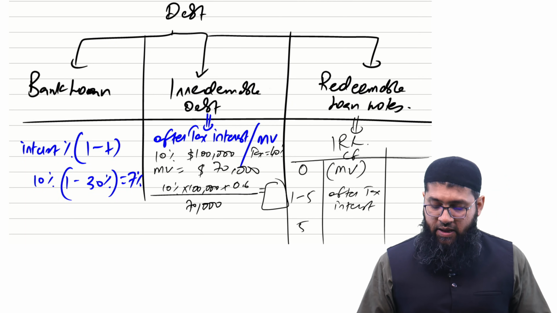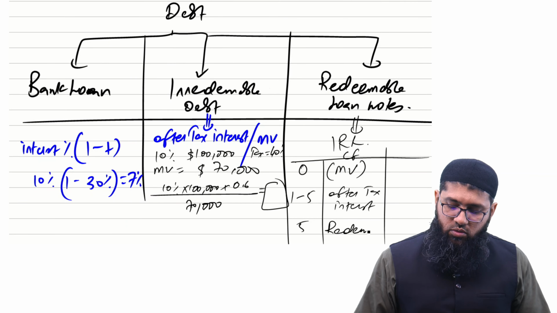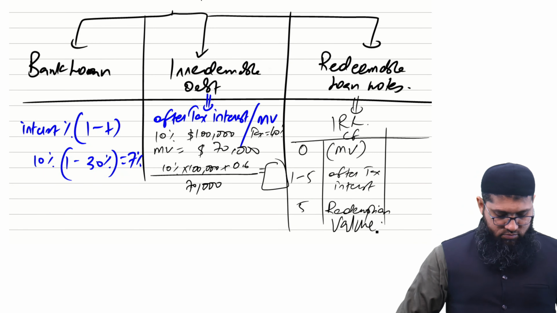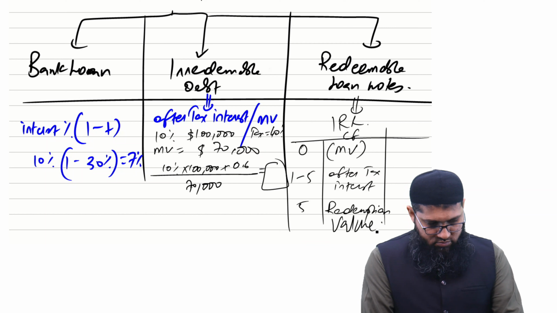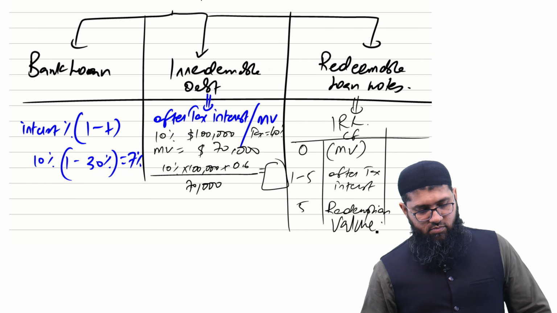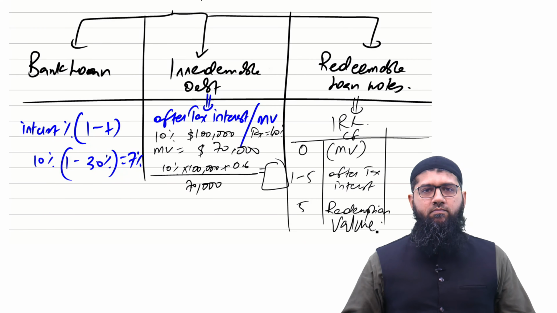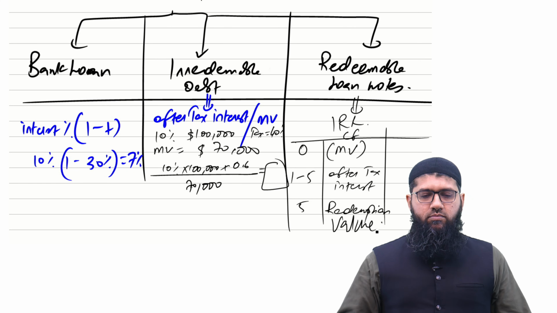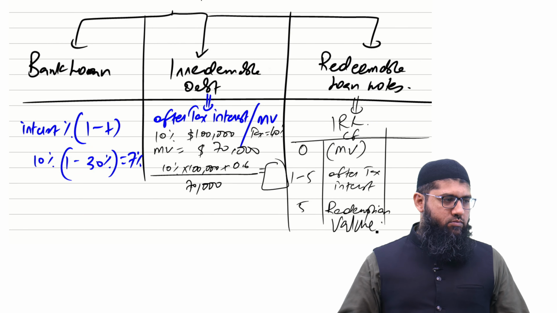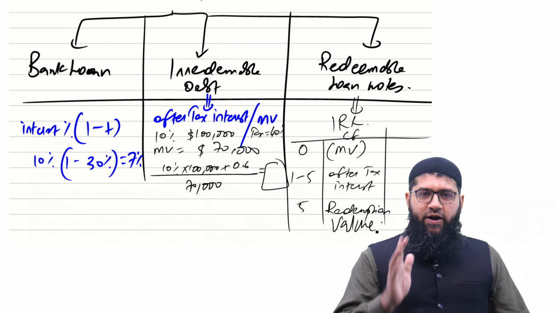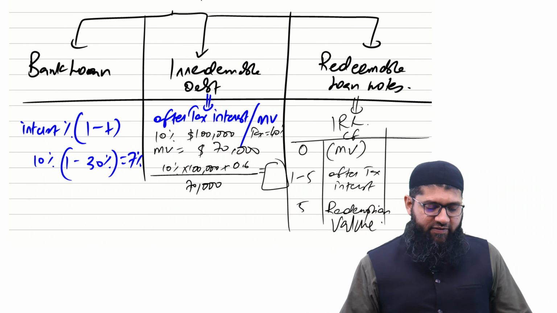For the final period, show redemption value. So you've got bank loan, you've got irredeemable loan note, you've got redeemable loan notes. That's how things go about.